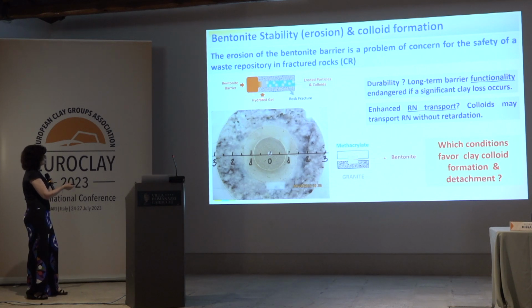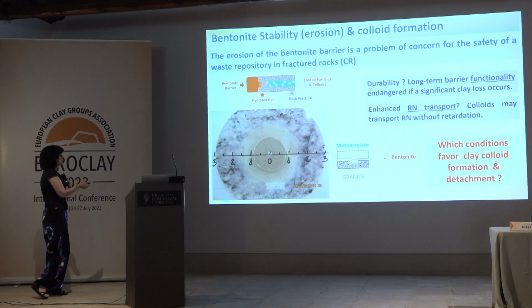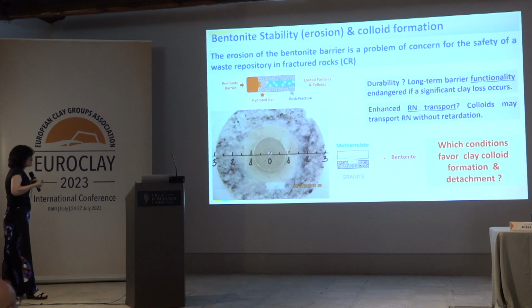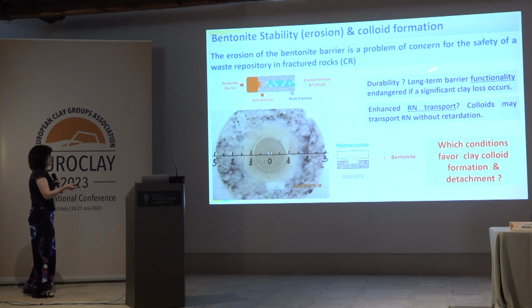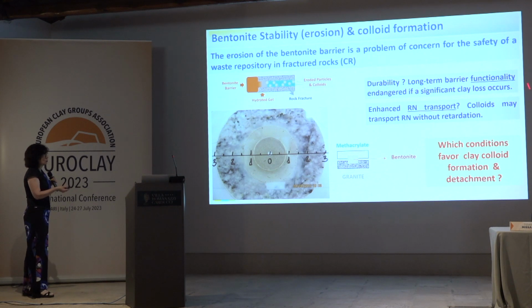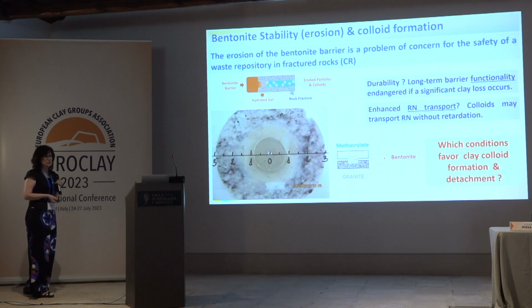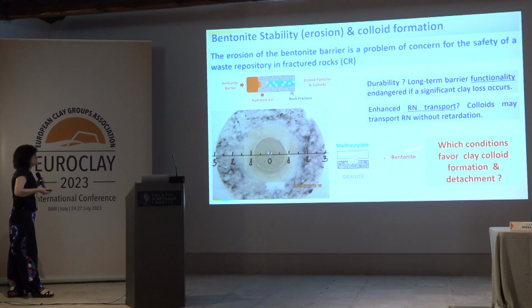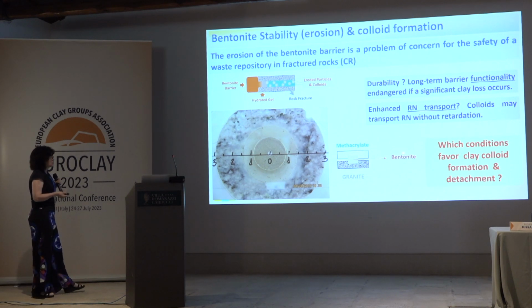The bentonite will form a hydrated gel, and from the gel we can generate particles. This is important twice: if a significant clay loss occurs, we can endanger the functionality of the barrier in the long term, and because when these particles are formed, they can enhance radionuclide transport.